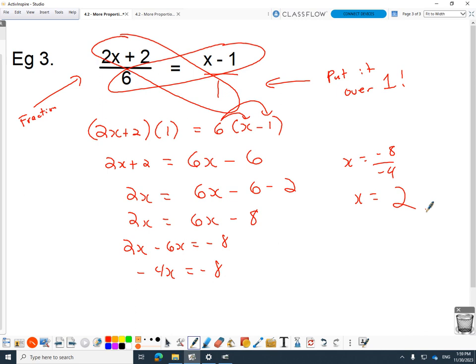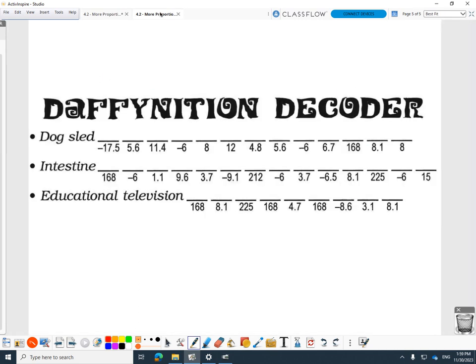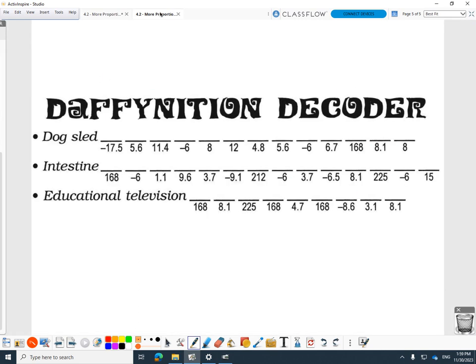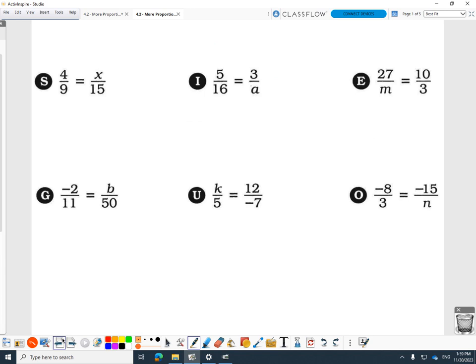Let's do one together so nobody can claim that they didn't know how to do the sheet. Friends, shall we do letter S together? Ready? Build your butterfly. We're cross multiplying. 9x equals 4 times 15.